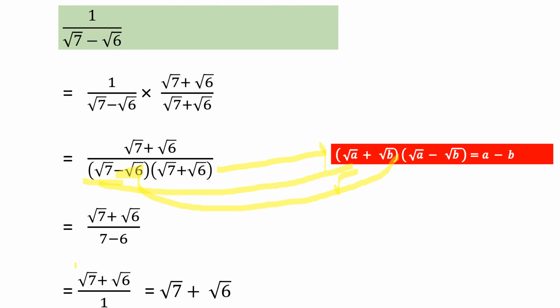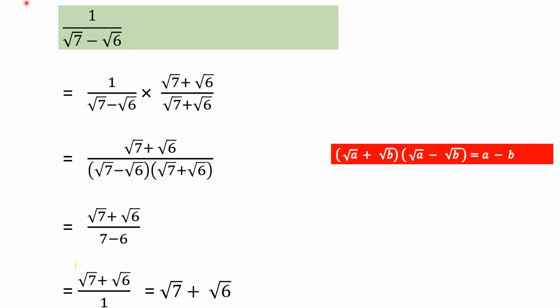So this is the reason why I've used this formula, and according to this formula, root 7 plus root 6 times root 7 minus root 6 will become a minus b. A minus b is 7 minus 6. Whatever is inside the root, you have to subtract it, right? So using this formula, what do I get here? In the second step, instead of root 7 minus root 6 and root 7 plus root 6, what can I write? 7 minus 6, because this is according to the formula, right?